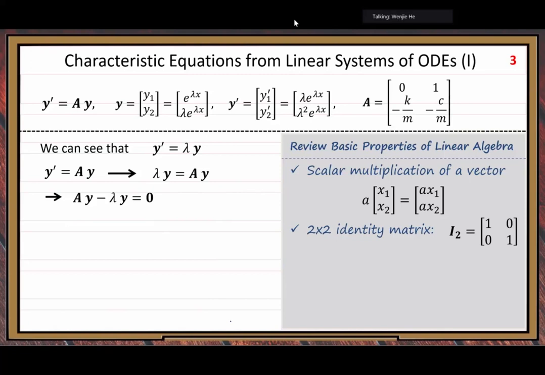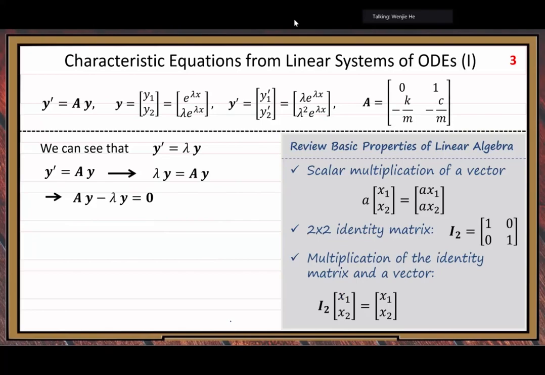Now, multiplication of the identity matrix and a vector. When we multiply any vector by the identity matrix, it does not change the value of that vector. That's the reason we call it the identity matrix. No change.